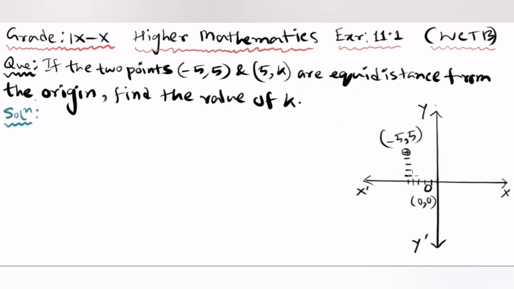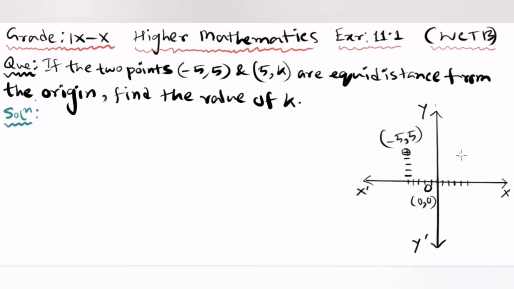As I don't know the ordinate of this second point, I can easily go from origin positive 5, so along the x-axis we will go rightward. So 1, 2, 3, 4, 5. Now it can be in the first quadrant or in the fourth quadrant, anywhere.